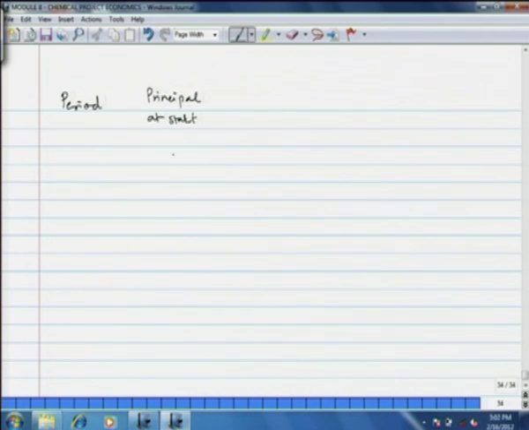Period, principal at start, interest earned, and then compound amount F at the end of the period.